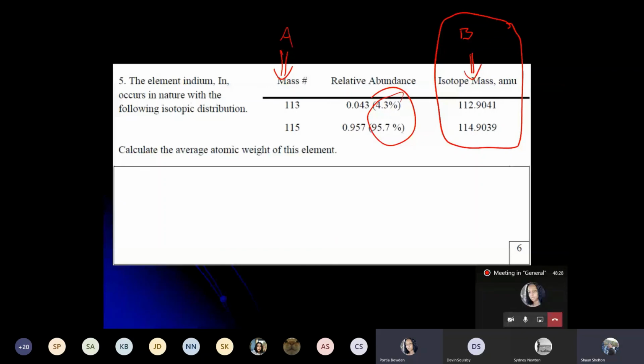Okay. Mm-hmm. And I want you guys to record to the 2nd decimal place.